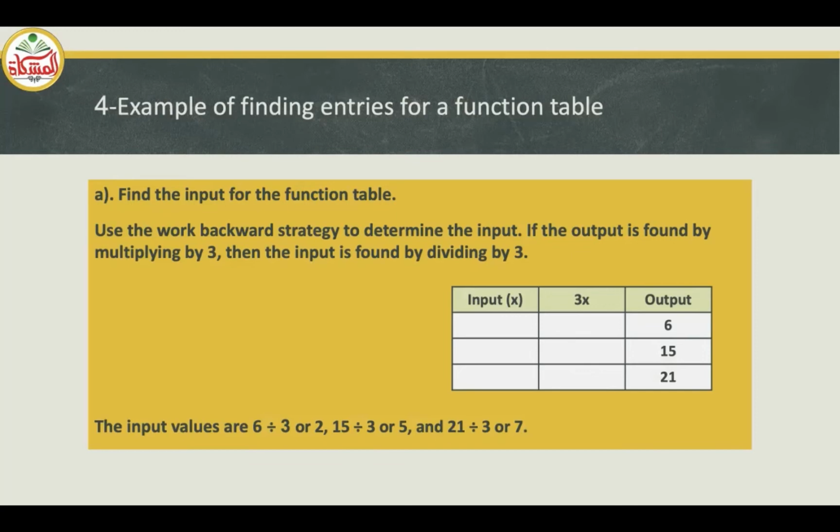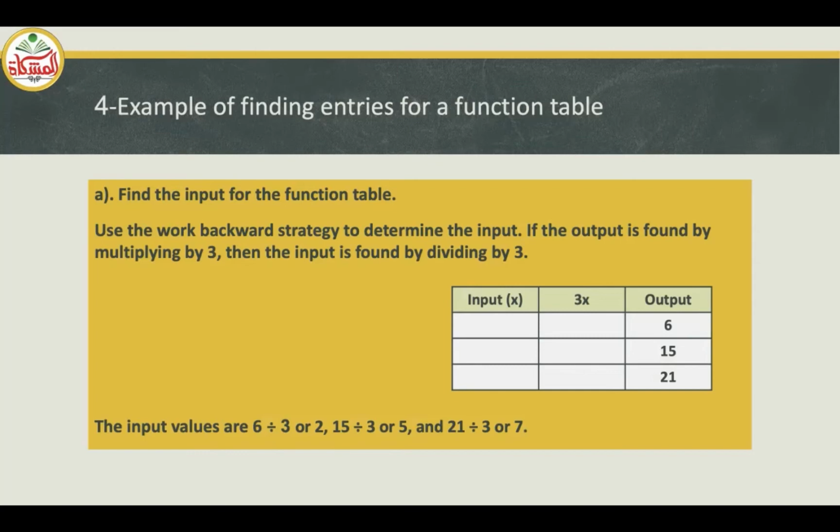The first rectangle in input is 2. 15 divided by 3 equals 5. So the second rectangle in input is 5. 21 divided by 3 equals 7. So the last rectangle in input is 7.